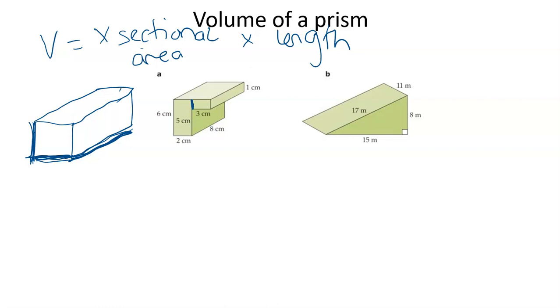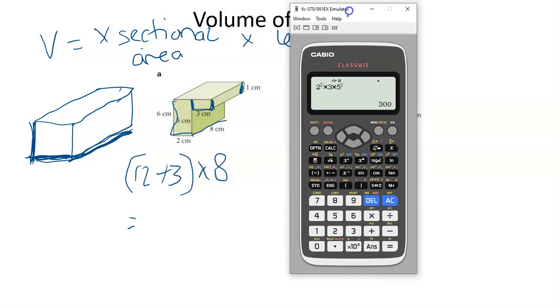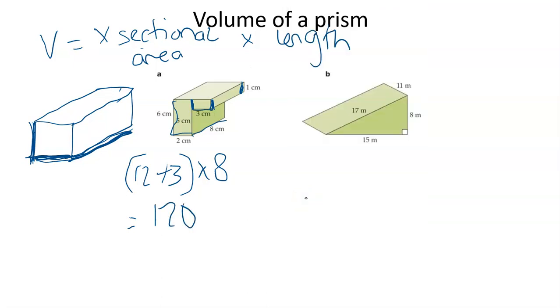So this is 6 times 2, which is 12, and then this little bit is 3 times 1, because of course if that's 1, then that's also 1, so that's 3, so that's a total area of 15, and I just times that by 8, and whatever that will be is the answer. So 12 and 3 is 15, times by 8 is 120, and of course it's volume, and we've got centimetres, so it's centimetres cubed.